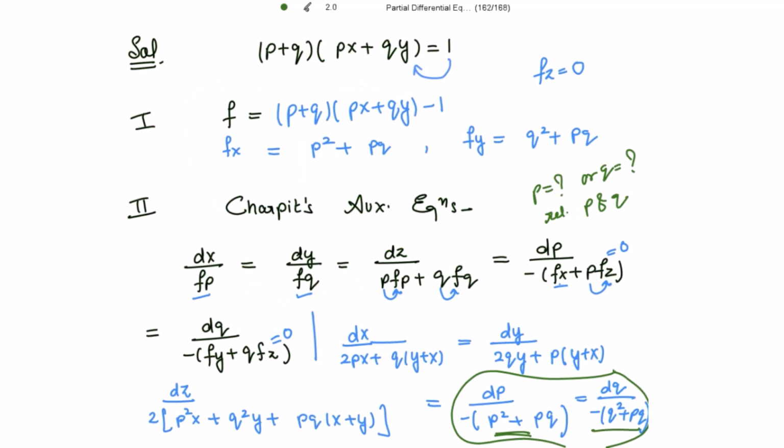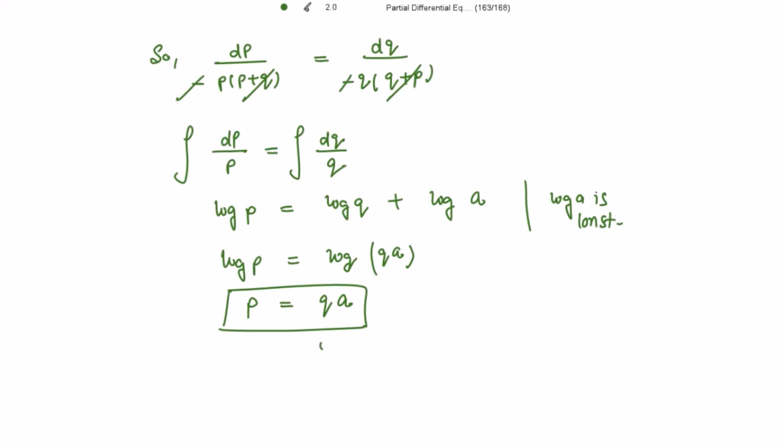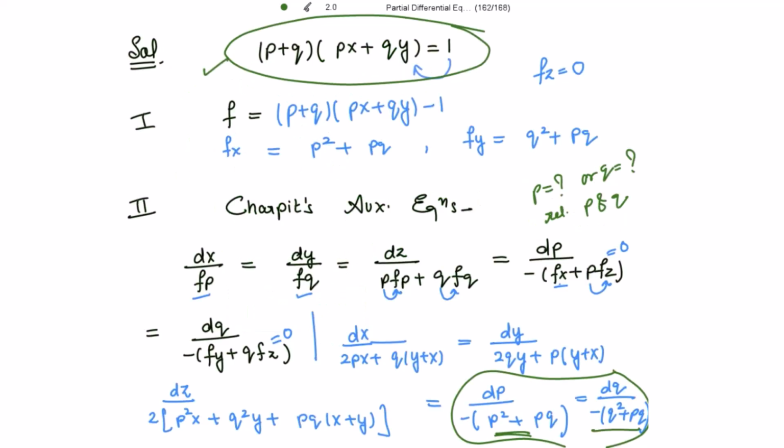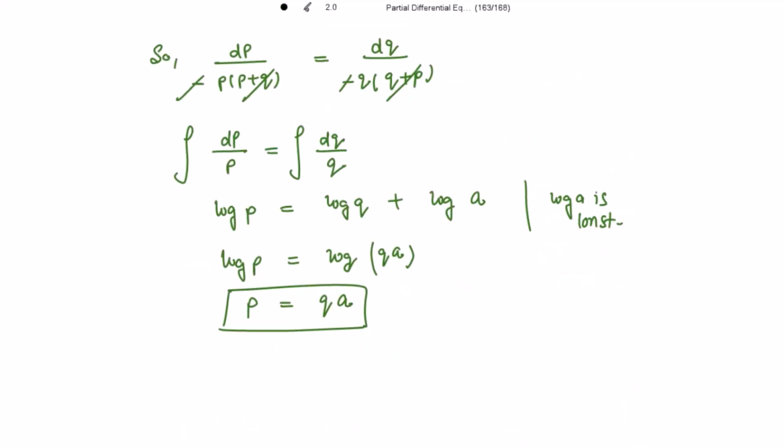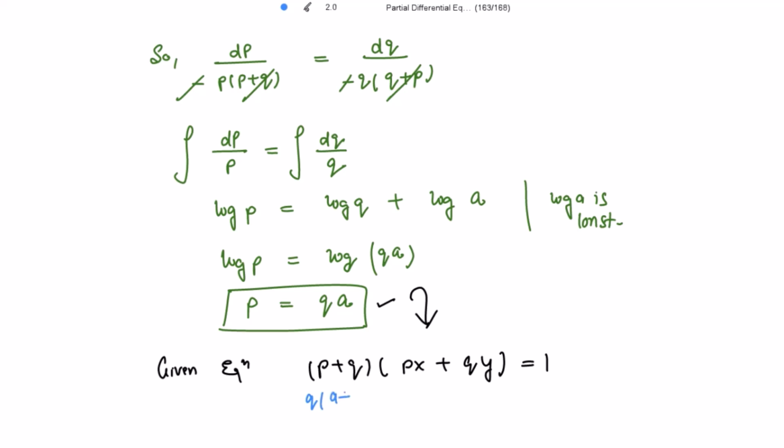Now what is the given equation? This is our given equation. We can put the value of p into this equation so that we can get p and q separately. The given equation is p plus q into px plus qy equals 1, and p equals qa. Putting p equal to qa here, we have q into a plus 1 into ax plus y into q, taking q outside, equals 1.